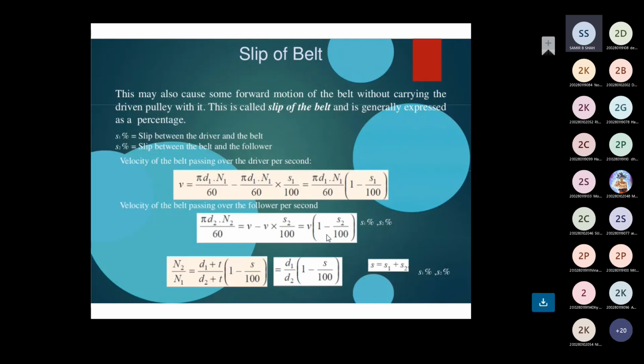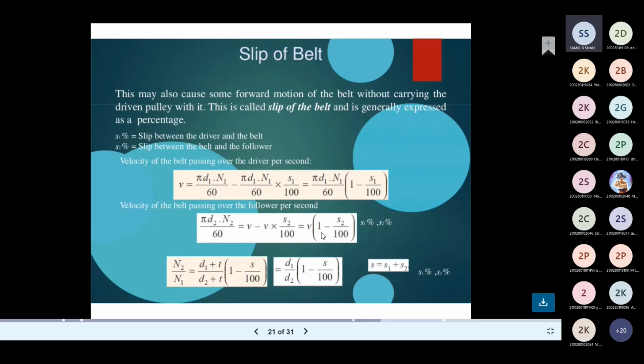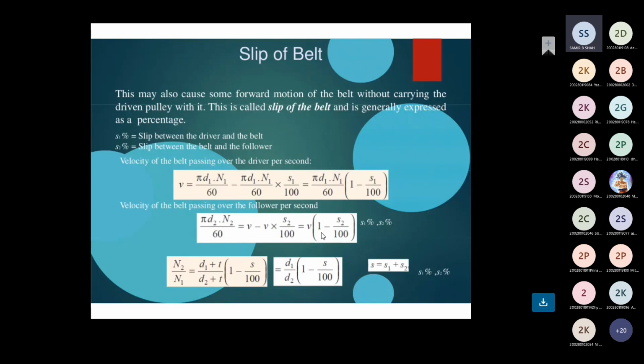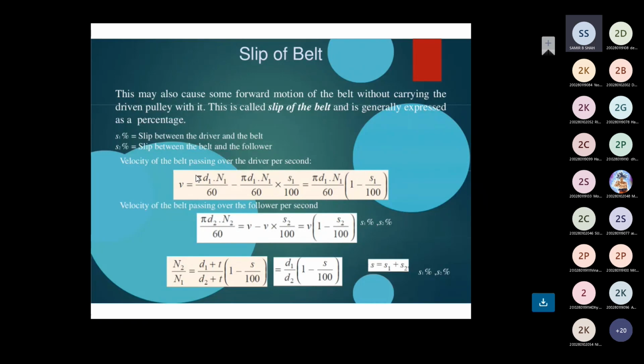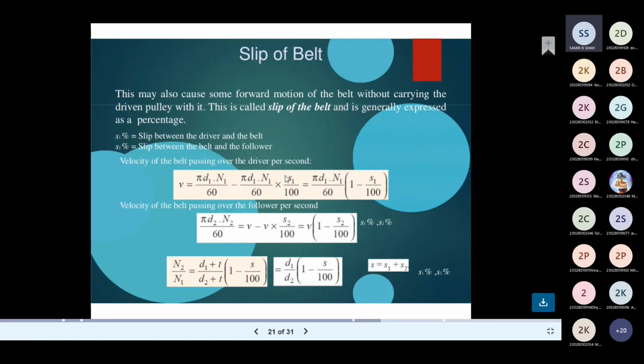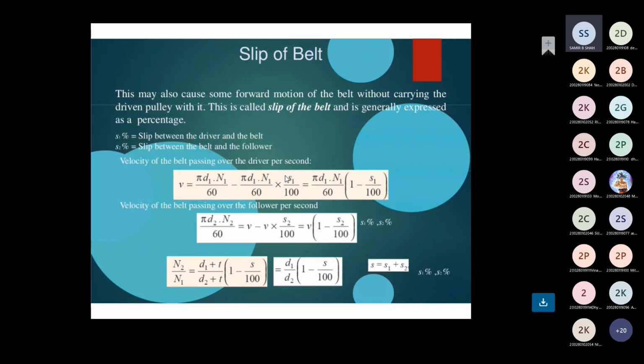So there is the equation regarding slip, or velocity with slip. Sometimes in an example, if they add the slip, on that time you can use this equation of the slip. Otherwise, you have to remember the equation for the velocity is pi dn by 60.